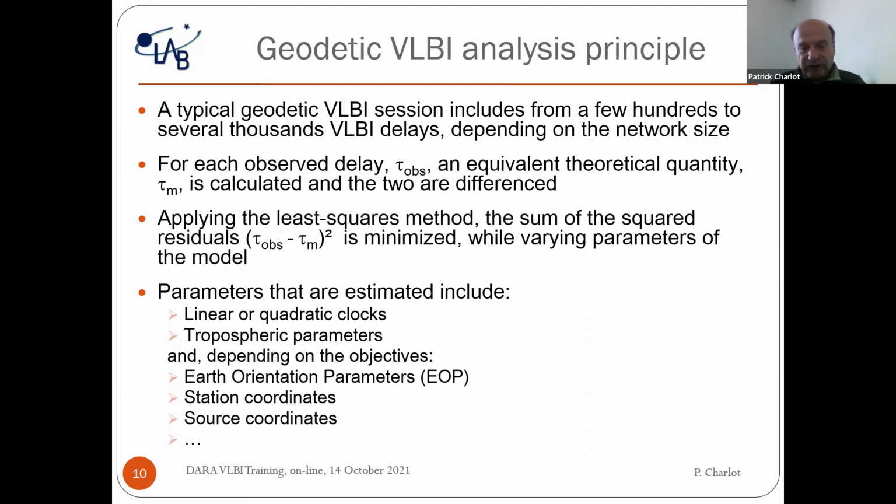So you have one observed quantity and one calculated quantity. And then you apply the usual least squares method to minimize the sum of the square residuals of these two quantities. And this is the principle of the least squares method. You vary some parameters and you try to adjust them so that you can get the smallest value for this sum of the square residuals.